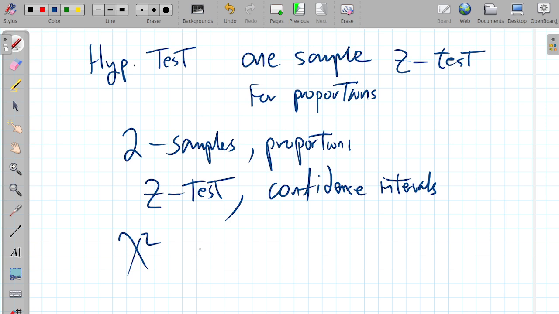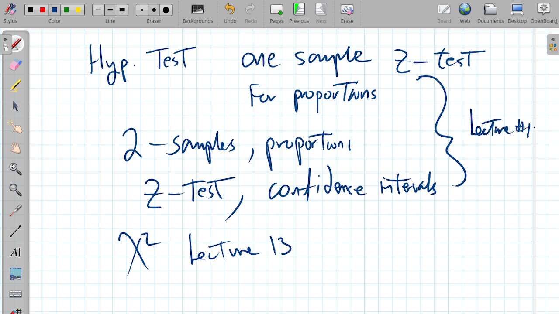That'll be not the next lecture, it'll be the lecture after that. So this is probably going to be lecture 13, and this stuff here will be lecture number 12. That's kind of the plan as I see it right now.